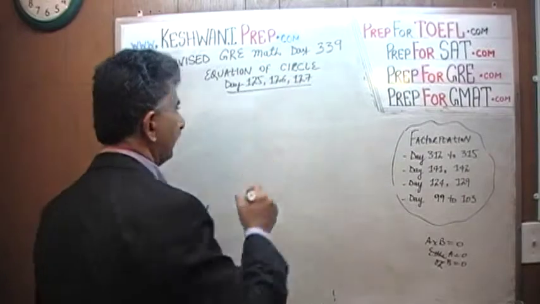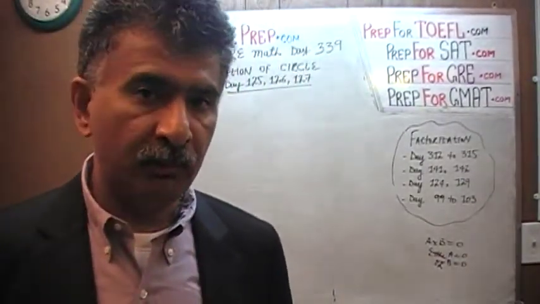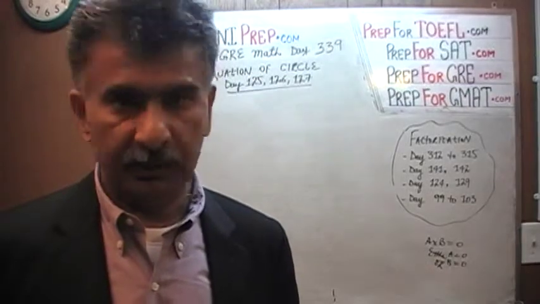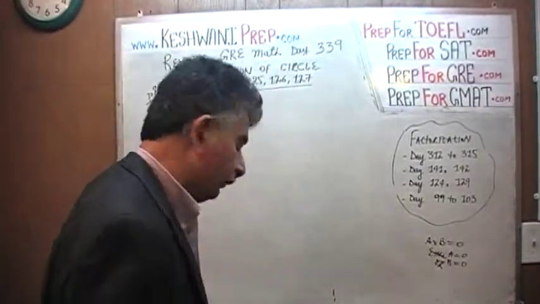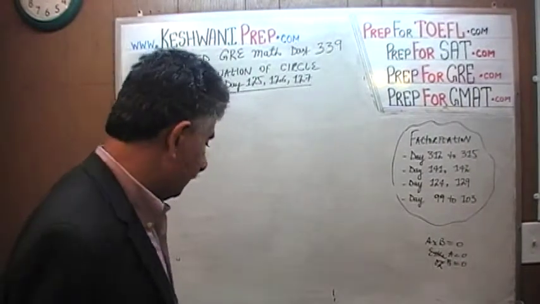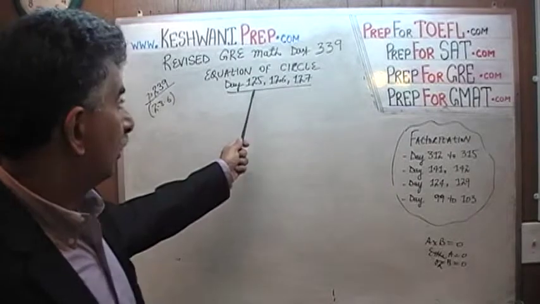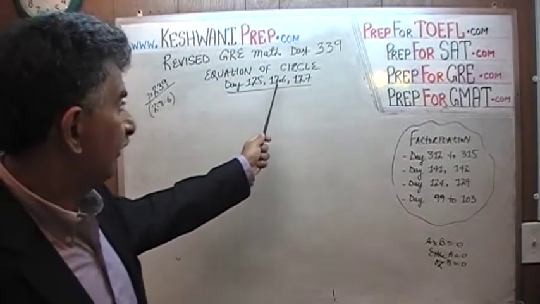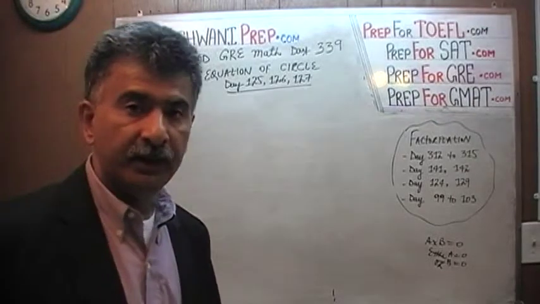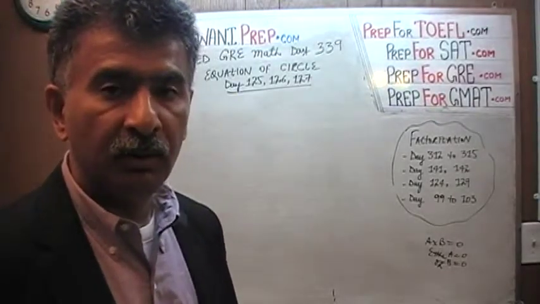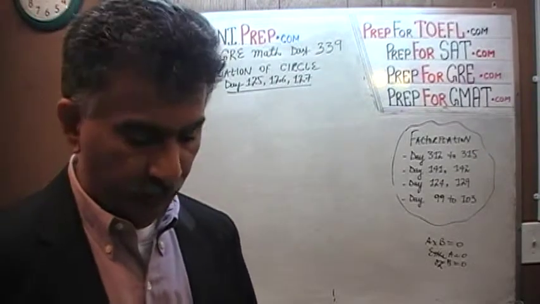On the other hand, if you're simply interested in memorizing the formula and that's all you care about, then that's up to you, in which case the formula is right here. But I'm not going to go through the entire derivation that we spent a great deal of time doing before. We spent 3 days on it, 125, 126, 127. It's all there from the very beginning until the very end, of what it means to have an equation of a circle.